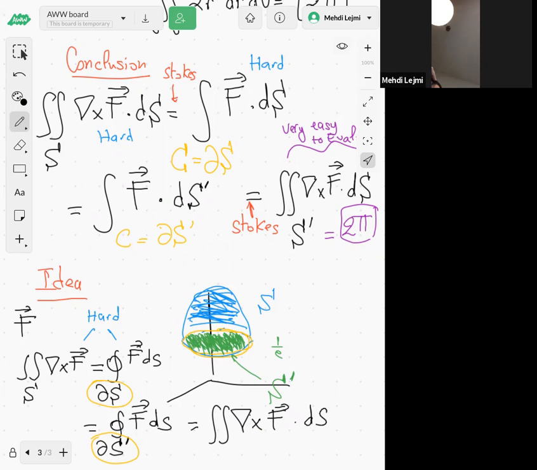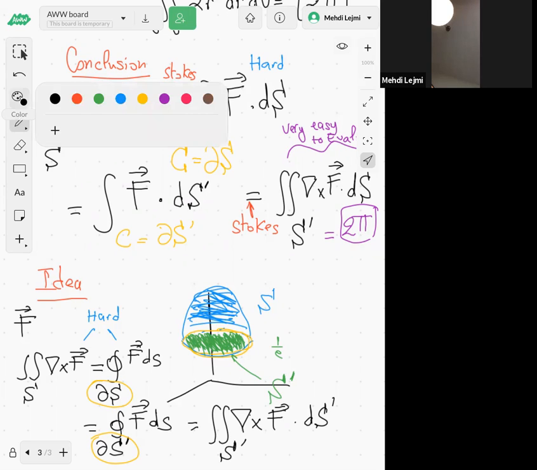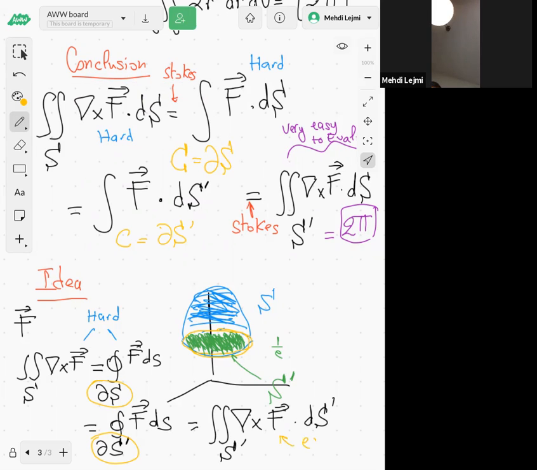But this one here along S prime turns out to be easy to evaluate. And that's the power of this Stokes theorem, right? Because if you have the integral of a curl of a vector field along some surface, and if the integral turns out to be hard to compute, and even on the boundary it's also hard to compute, all you have to do, guys, is take a different surface with the same boundary.